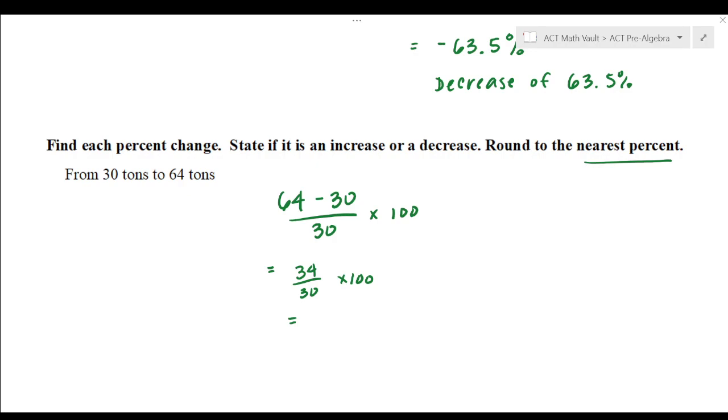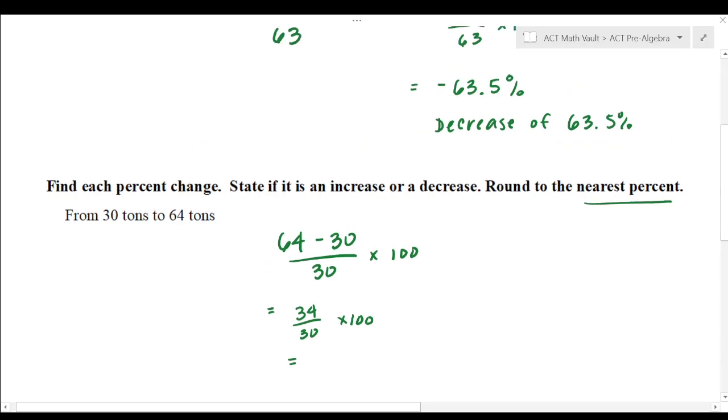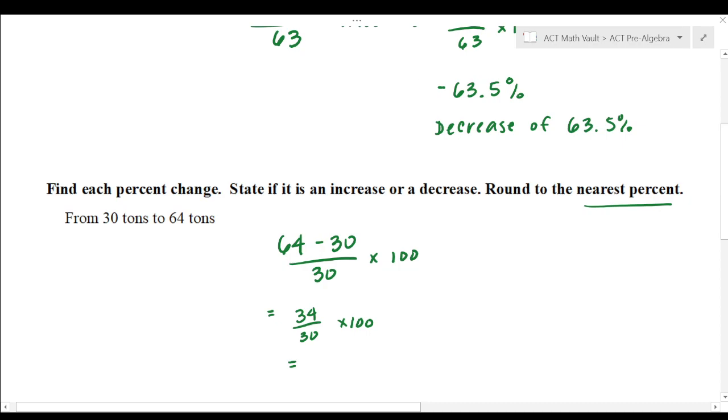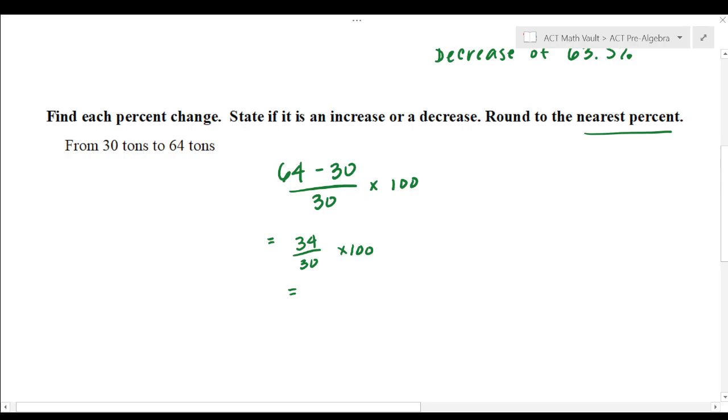But we want to round to the nearest percent. And yes, technically these are rounded, so we should have our approximation symbol rather than equals. It is approximately 113%, and that's a positive number. So we would have an increase of 113% as our final answer.